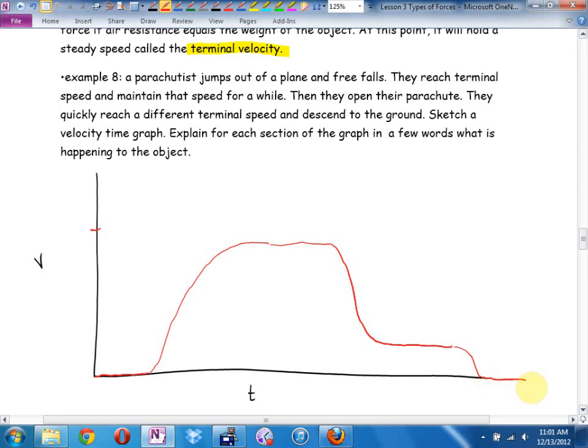The stretchiness is wrong, but the shape is correct. That's what it looked like when I jumped out of an airplane if you asked me to sketch the speed time graph, because if it was velocity, this would all be below the x-axis because it would all be negative, right?